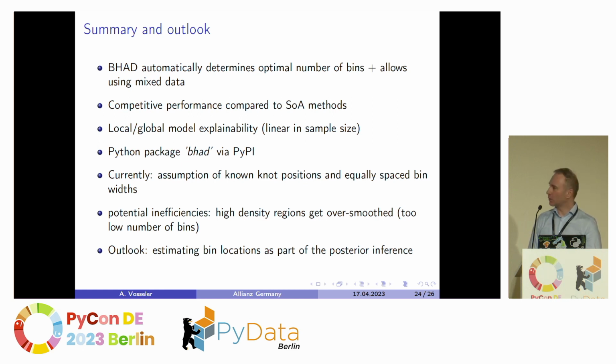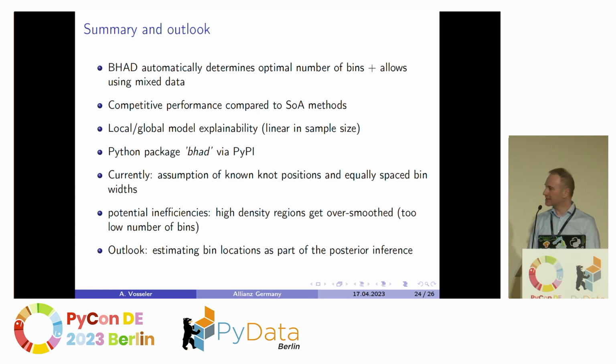And on a discussion basis, one of the current assumptions is that the node positions are known, which is obviously some sort of simplification, and that they are equally spaced.